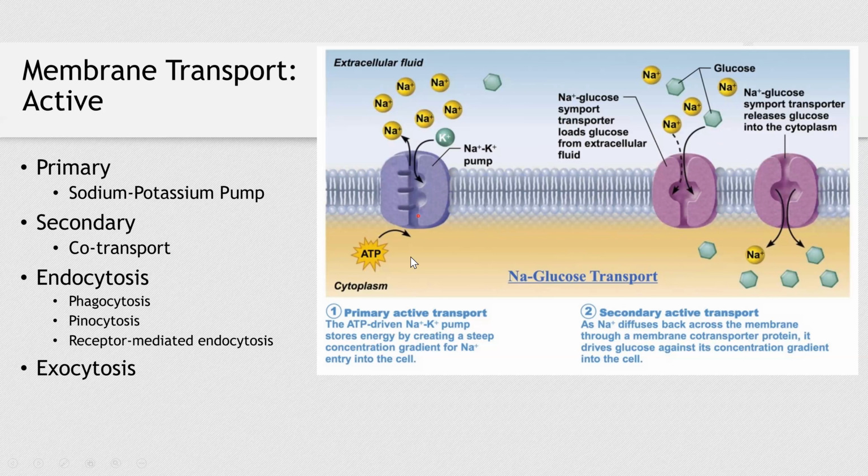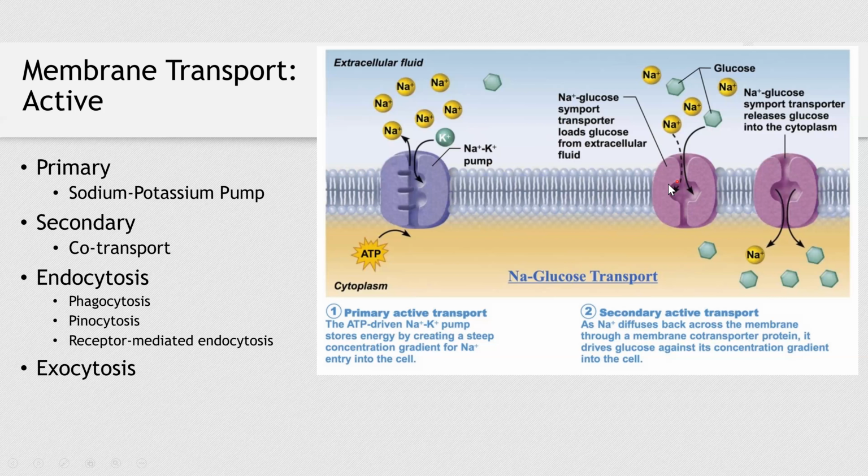This is what happens. Primary transport uses ATP and pumps sodium out. If you constantly take sodium out of the cell, you have a high concentration of sodium in the extracellular fluid. And if you have proteins that allow sodium to return back, it will do it.